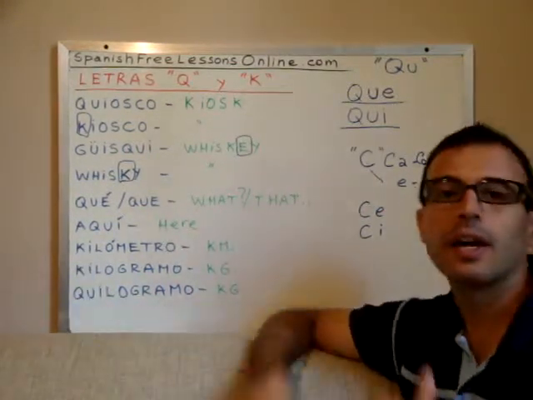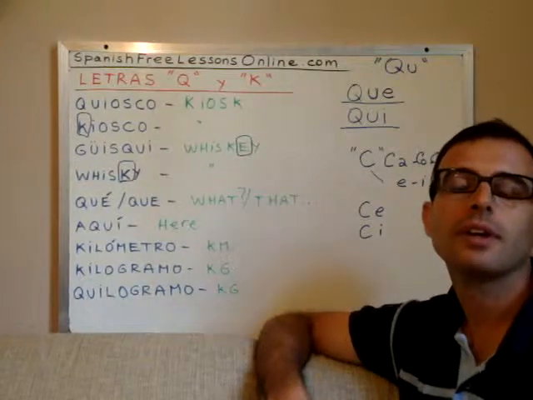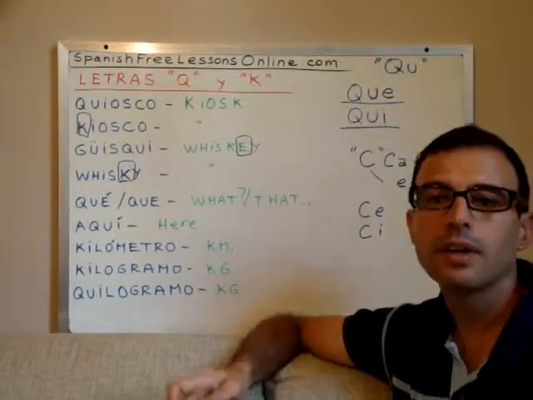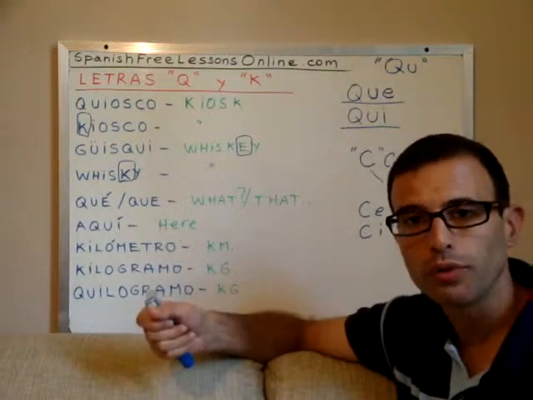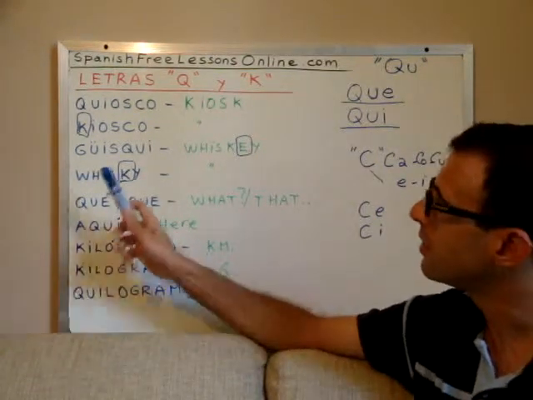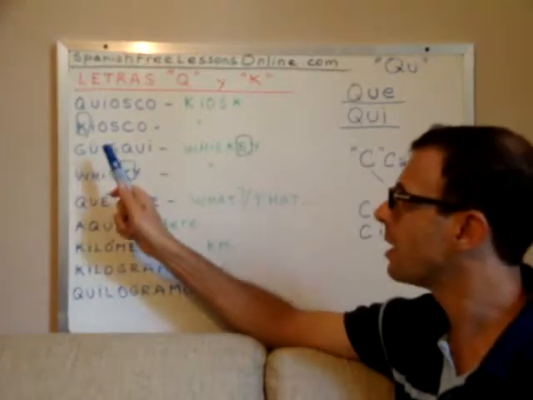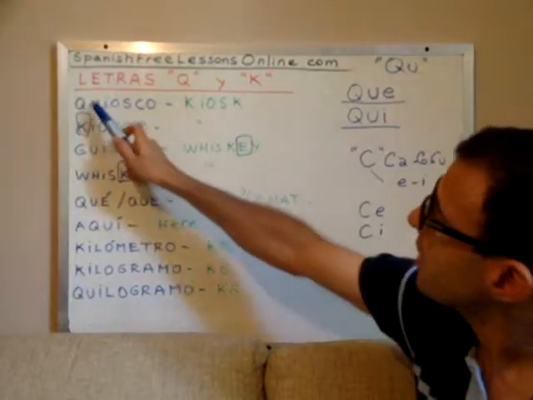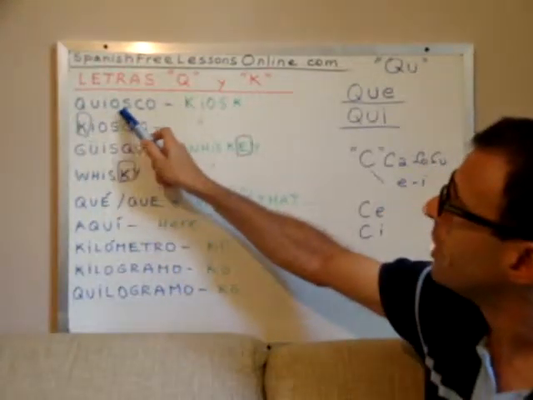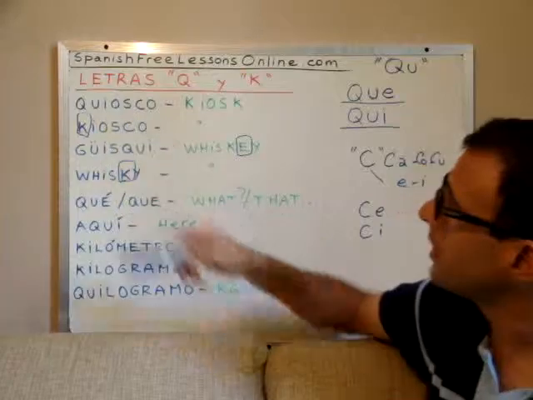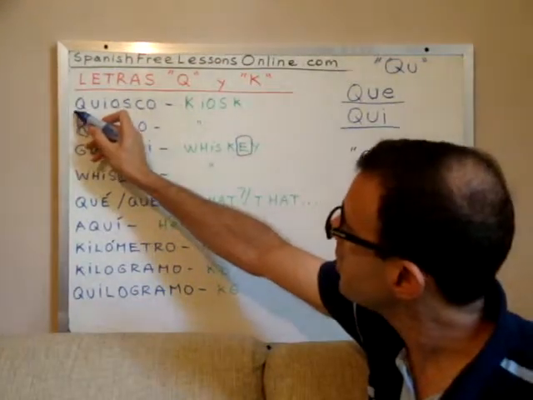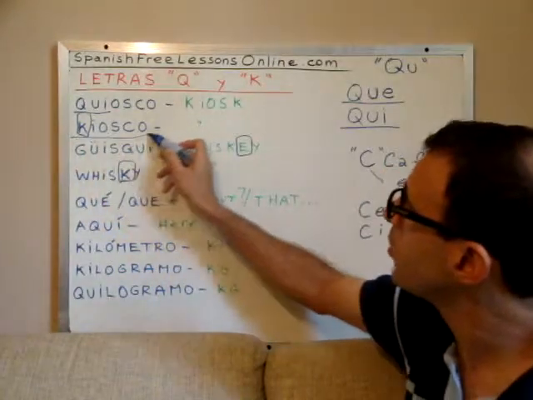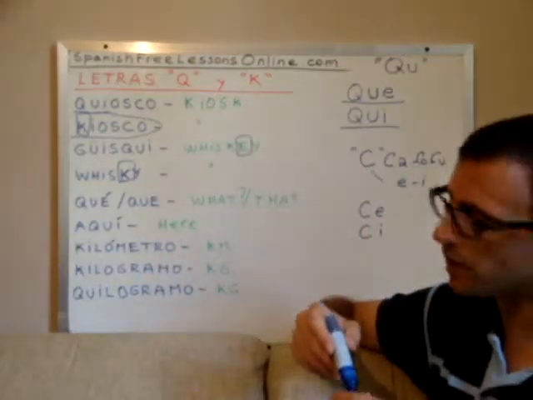However, after some years, the Spanish language has decided to incorporate fully those words into the language, so they have decided to replace the K by a Q and U, okay? So, quiosco is how it's spelled nowadays, with Q, U, and I. Although the old way is also okay, right?